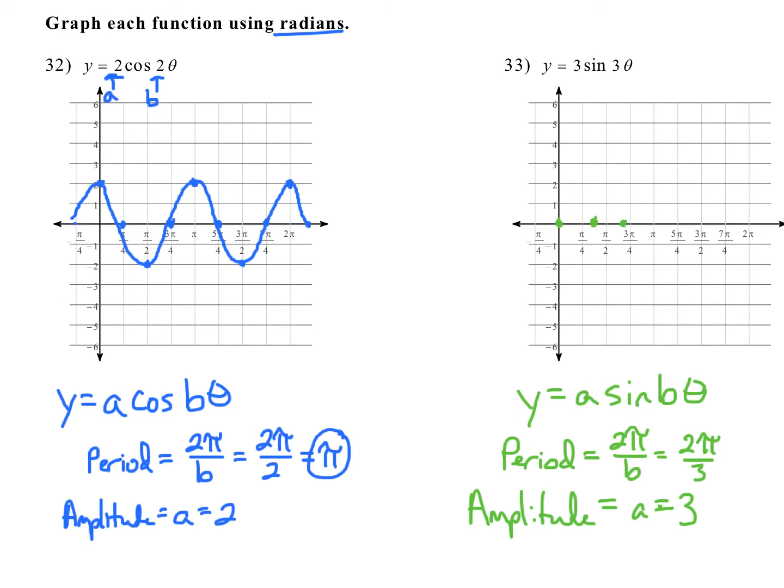So that would be at 1/6 pi, pi over 6, which is somewhere right around here. And then our other one is down here at -3, halfway in between those.